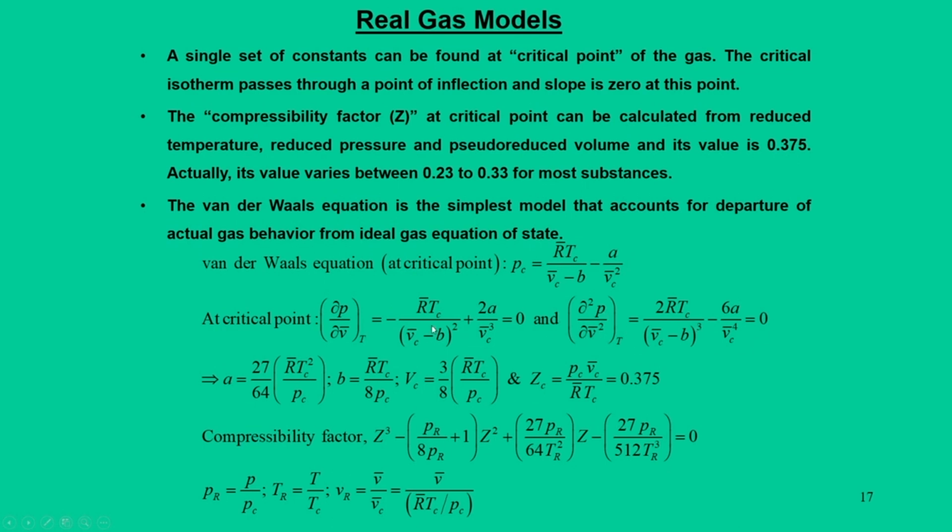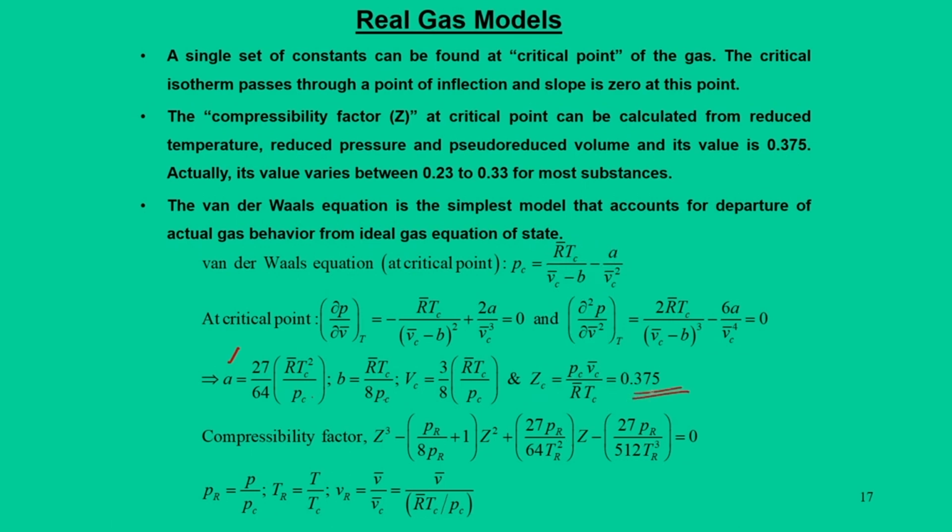Differentiation of these gives two equations, and we also have two constants. At the critical point, the differentiation gives the constants A as 27 by 64 R bar TC square by PC, and B is equal to R bar TC divided by 8 PC, and V bar C is equal to 3 by 8 R bar TC by PC, and ZC, the compressibility factor at the critical point, is found to be 0.375.